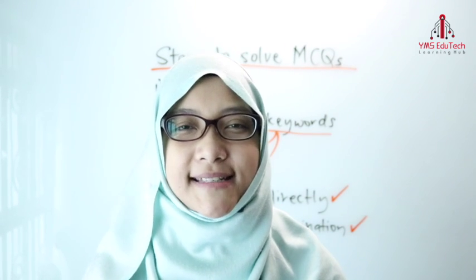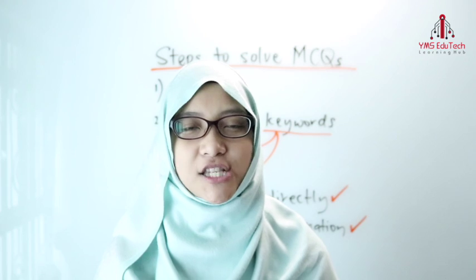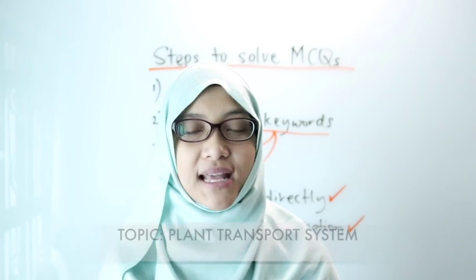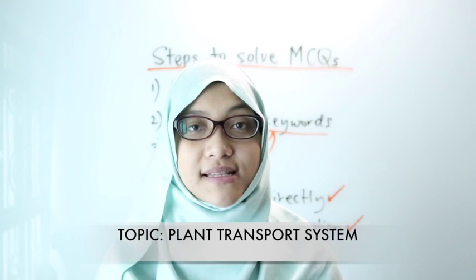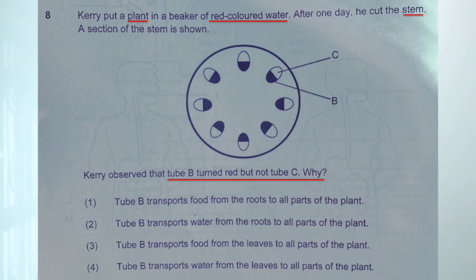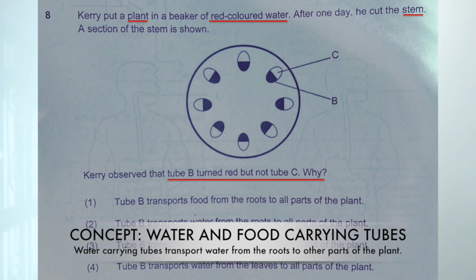So from the highlighted keywords, we can easily extract out the topic as well as the concept that we are being tested on. So the title of this question is Plant Transport System. And from the keywords, we see the word stem, tube B turned red, but not tube C. So we know that this question is testing on water-carrying tubes as well as food-carrying tubes.